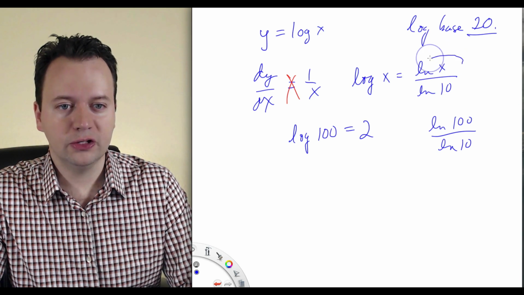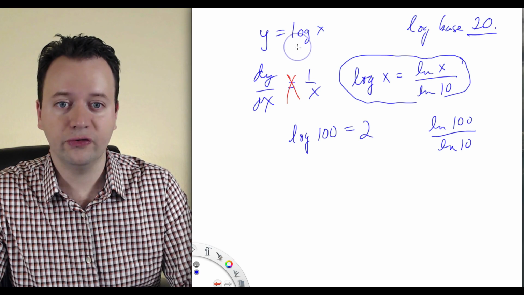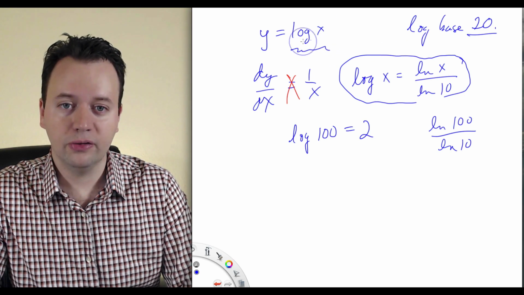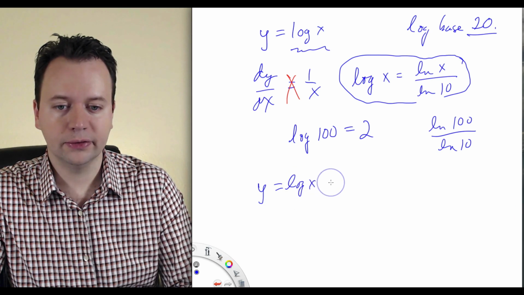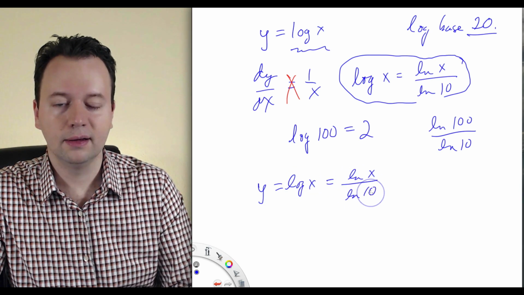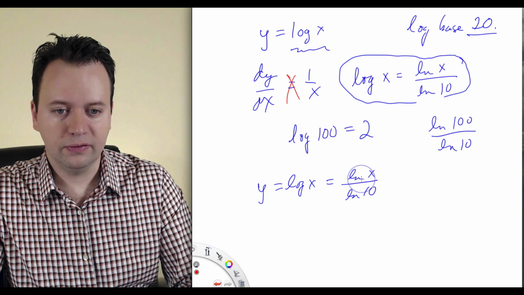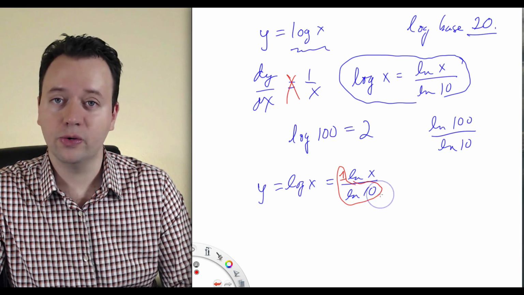So we can use this rule that log of x is equal to the ln of x over the ln of 10 in order to find the derivative of this log with another base. So if y is equal to log of x, we can rewrite that as just ln of x over ln of 10. Well, 1 over ln of 10 is just basically there's an invisible 1 right here, there always is.